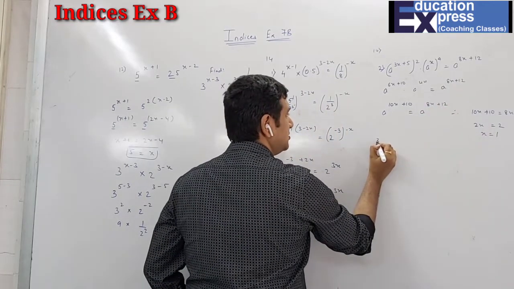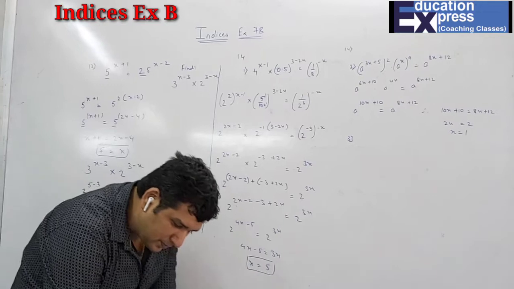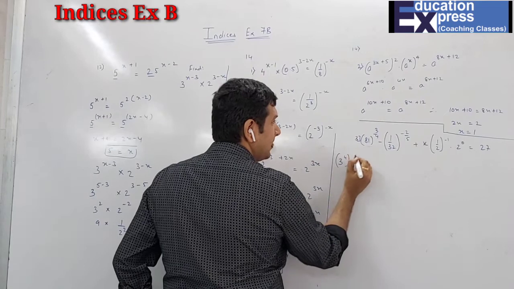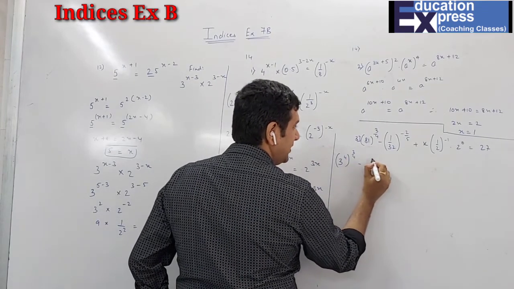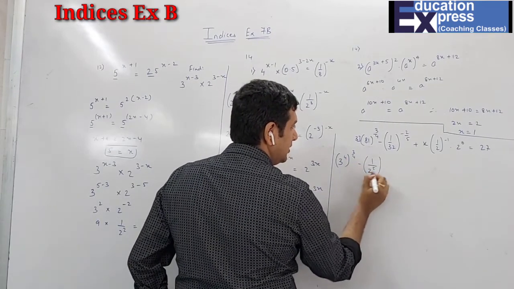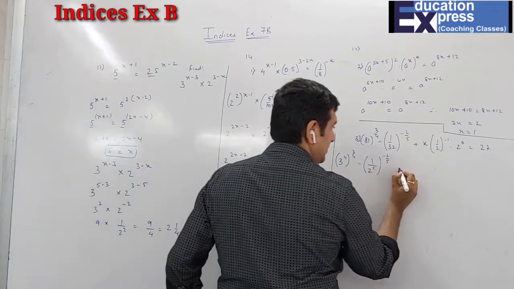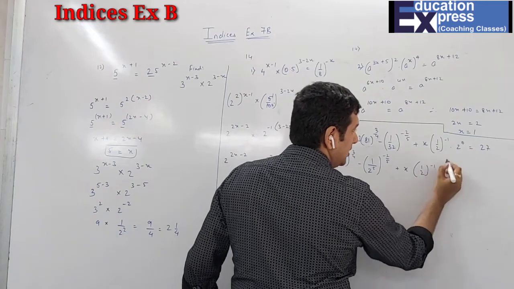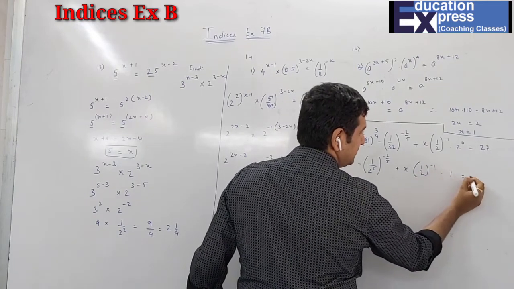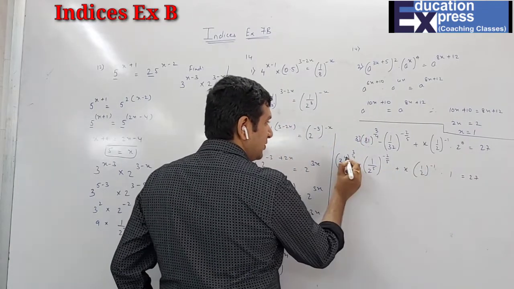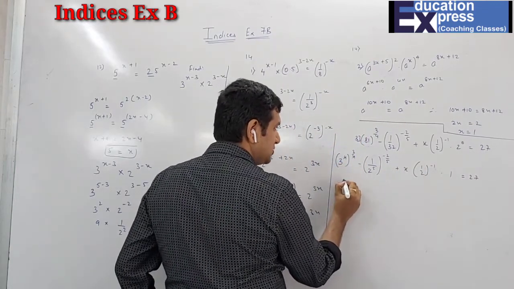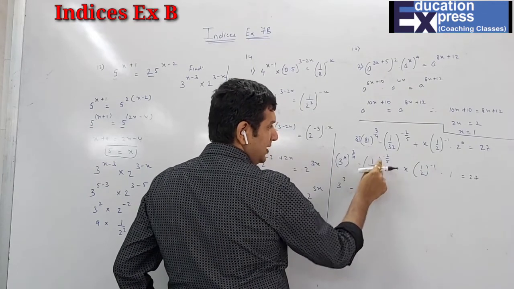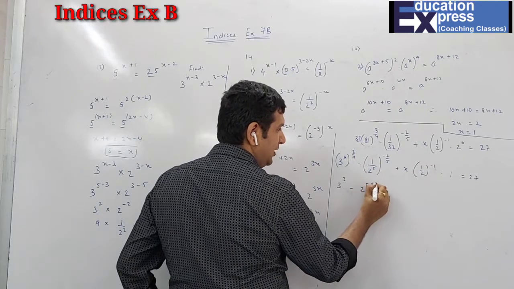So the last and the final third part. Here, 81 is 3 raised to 4. 3 upon 4 minus, this is 2 raised to 5 into minus 2 upon 5 plus x into half raised to minus 1. Anything raised to 0 is 1, student. 4 will get cancelled. Now here 3 raised to 3 minus. To make this positive, I take the reciprocal, so this will be 2 raised to 5 into 2 upon 5.